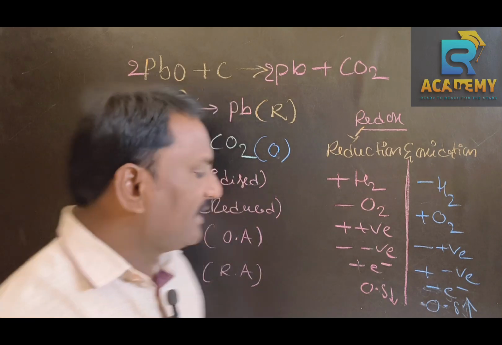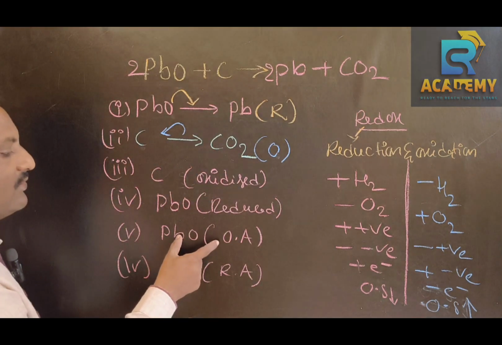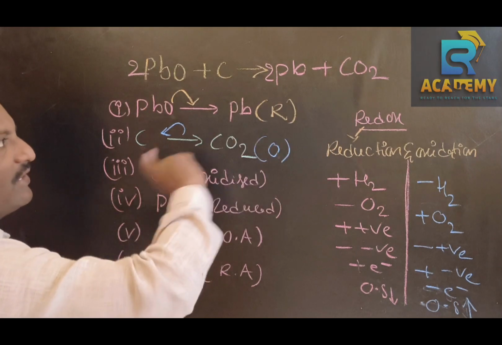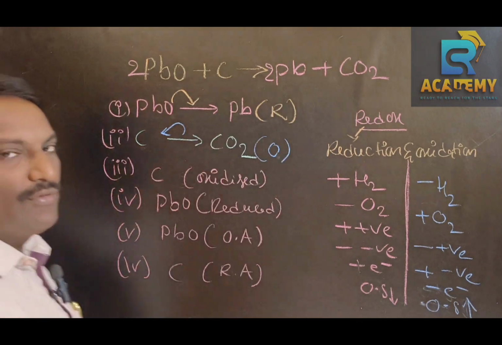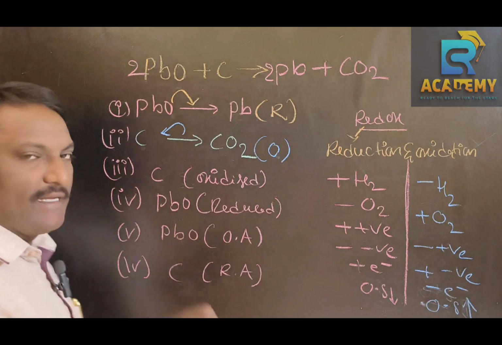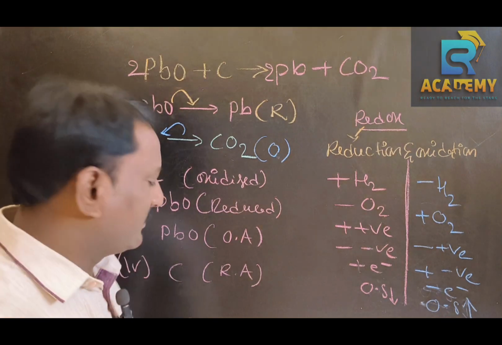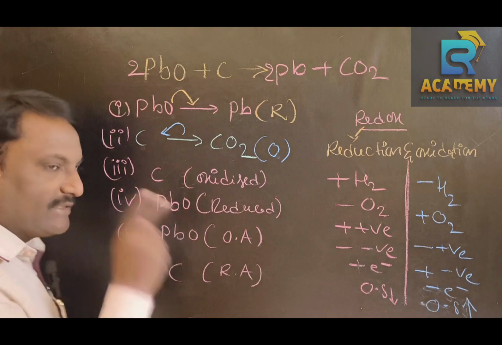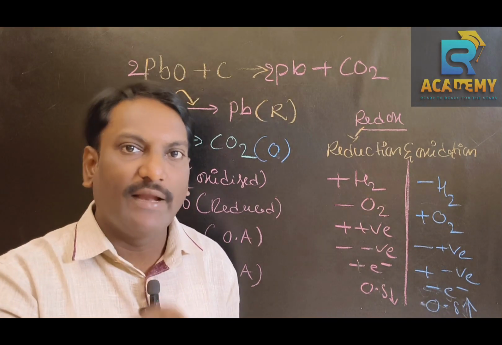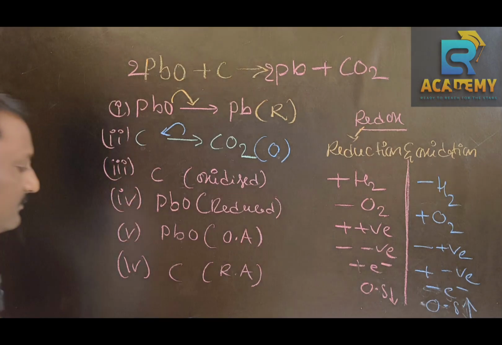Without lead oxide, there is no conversion of carbon to carbon dioxide. So that's why lead oxide is considered the oxidizing agent, and at the same time, the oxidizing agent itself undergoes reduction in the reaction.